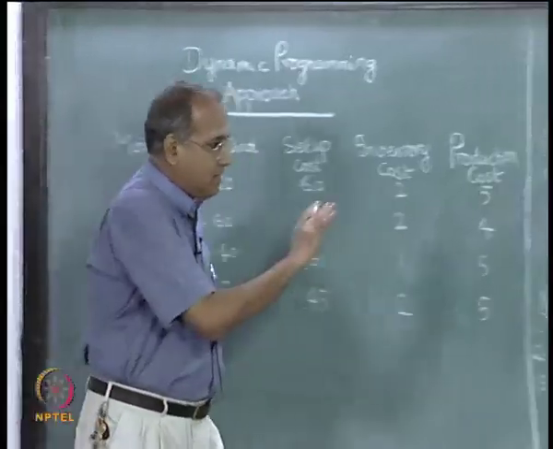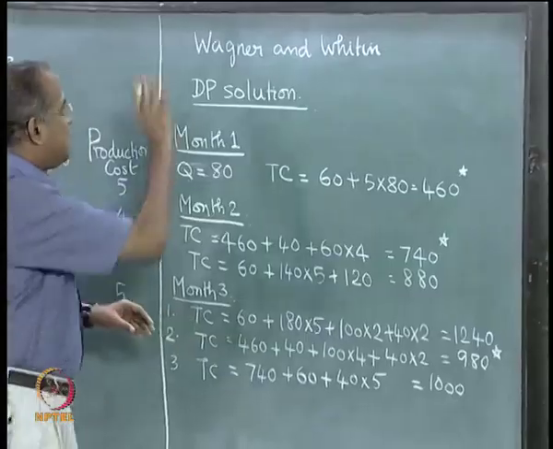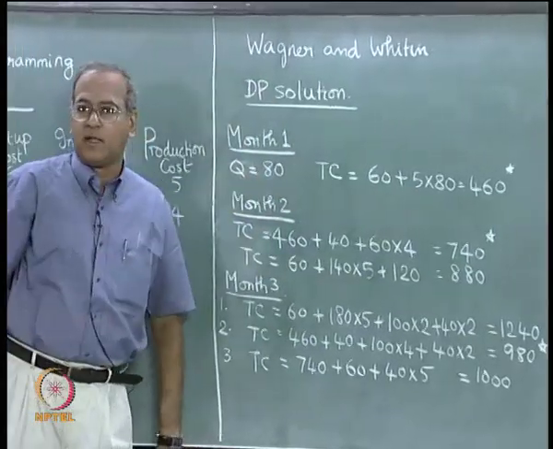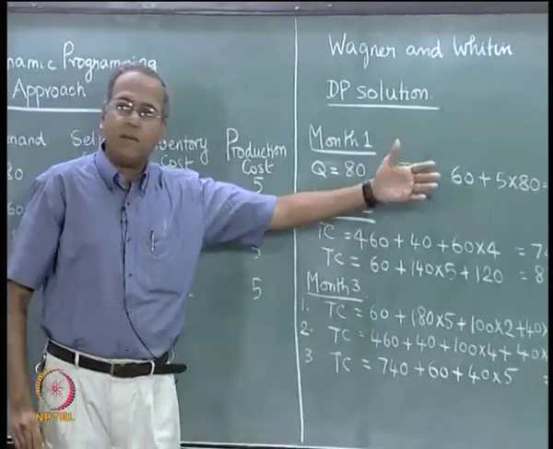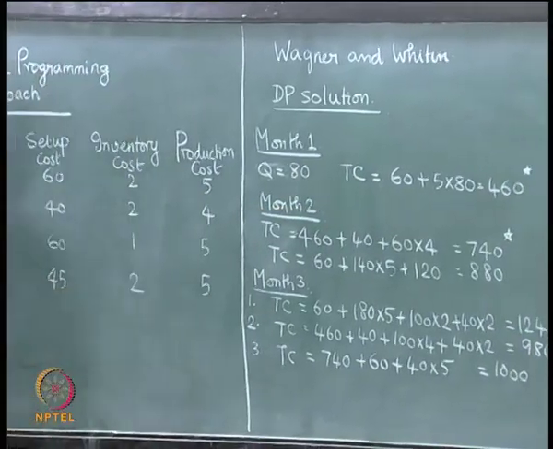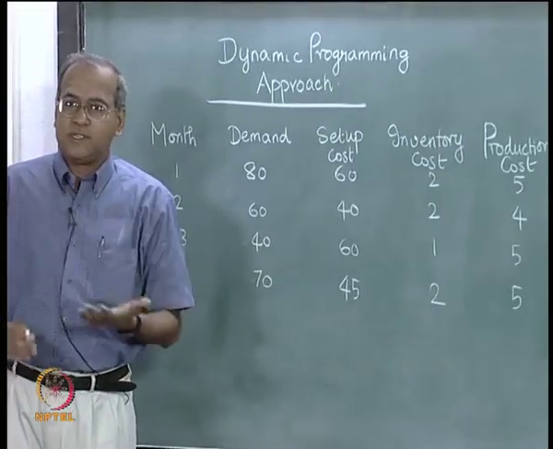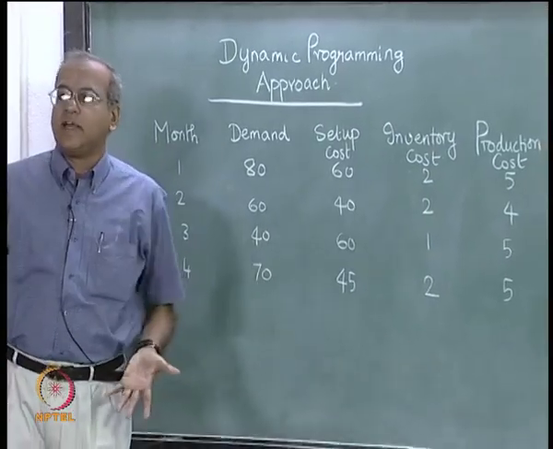So, once we apply the Wagner-Whitin idea into the dynamic programming, we realize that it has become extremely simple. All we have done is, for 4 periods, we have just evaluated 4 plus 3 plus 2 plus 1, which is 10 possible scenarios.